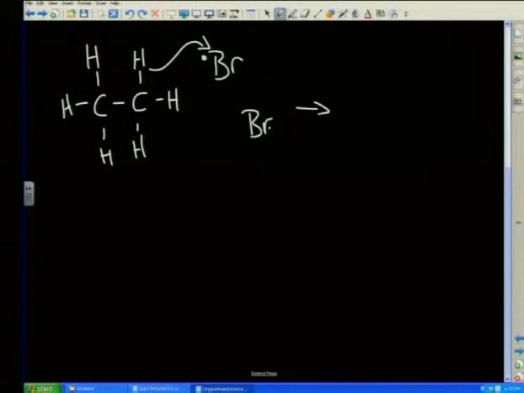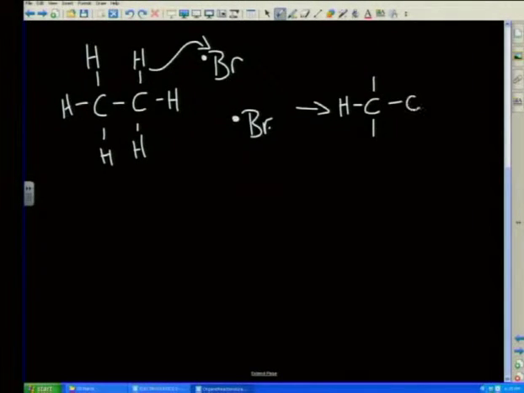Initially I had bromine which had this unpaired electron. You've seen this in Lewis dot diagrams where I've got an unpaired electron. All they want is another electron. So I've still got this bromine radical. This was caused by the UV light. This is detail which you don't need to know for your exams, but it's interesting for those who are A candidates. So I've got my hydrogen here. I've still got that empty spot over there.